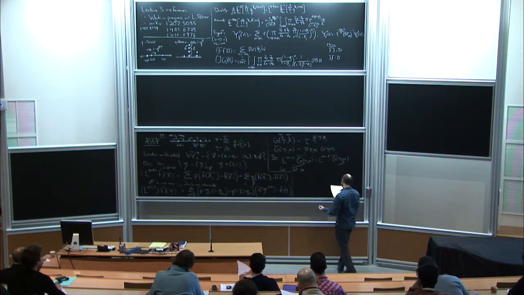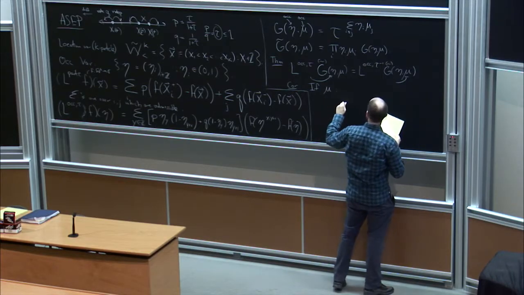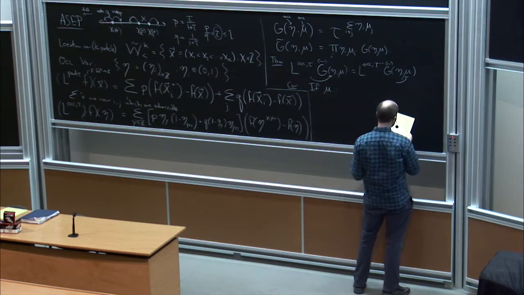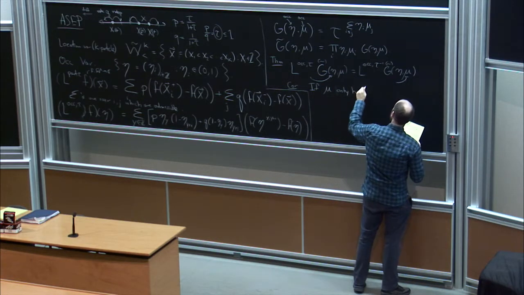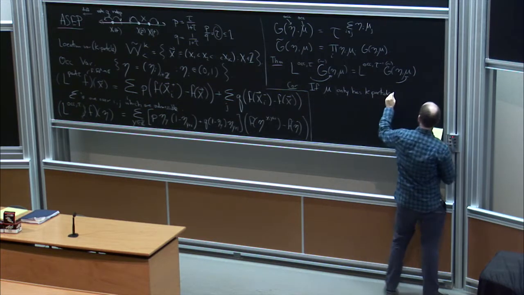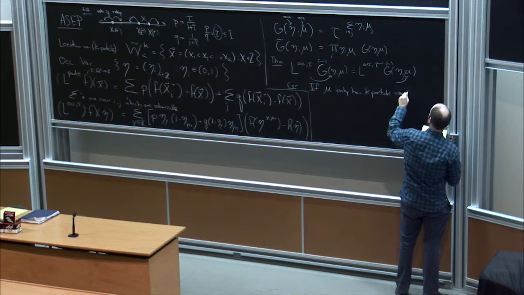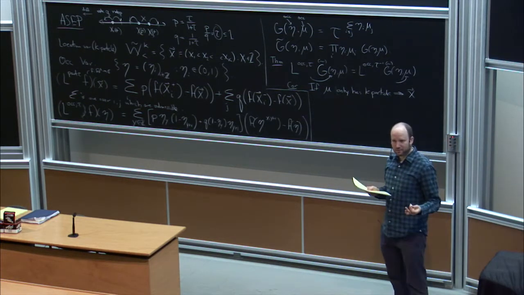But if mu happens to be such that it can be encoded in terms of just k particles, then we're going to identify mu in terms of a state x, a k particle state x.